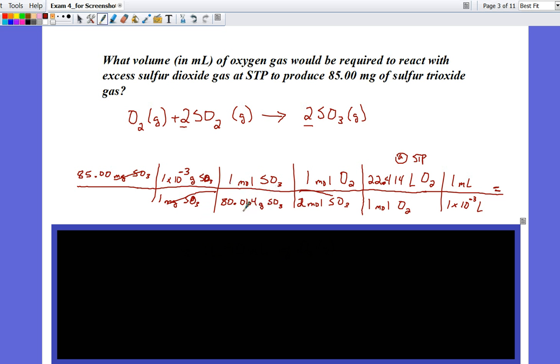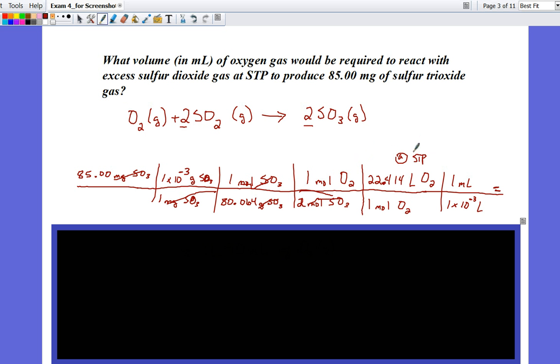The grams part goes on the bottom, and you'll end up with moles of SO3. And since you have a balanced chemical equation, your moles of SO3 can be used to convert to moles of oxygen. So the coefficient of 2 moles of SO3 to 1 mole of O2.